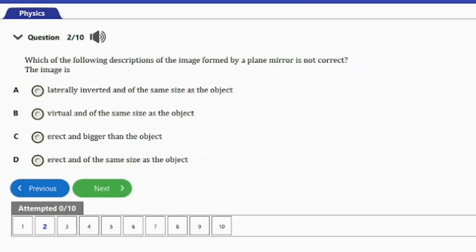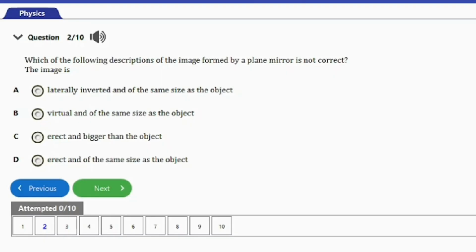So, that's question number 2 here. It says, which of the following descriptions of the image formed by a plane mirror is not correct? The image is A, laterally inverted and of the same size as the object. B, virtual and of the same size as the object.